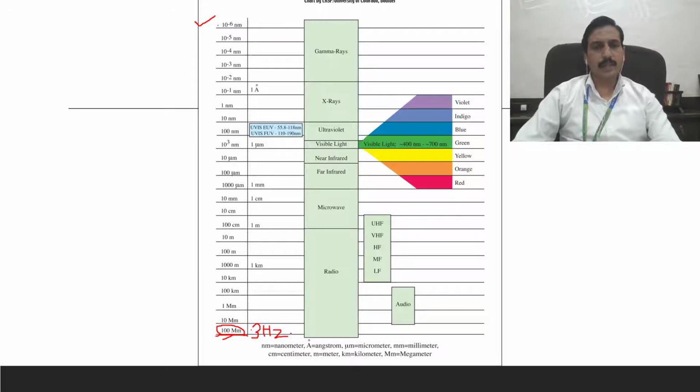Using the formula, you can easily convert megameter wavelength into hertz. So you can prefer to use hertz for representing a frequency in the spectrum, or you can use megameter, kilometer, meter, centimeter, millimeter, micrometer, nanometer kinds of ranges for representing our spectrum.